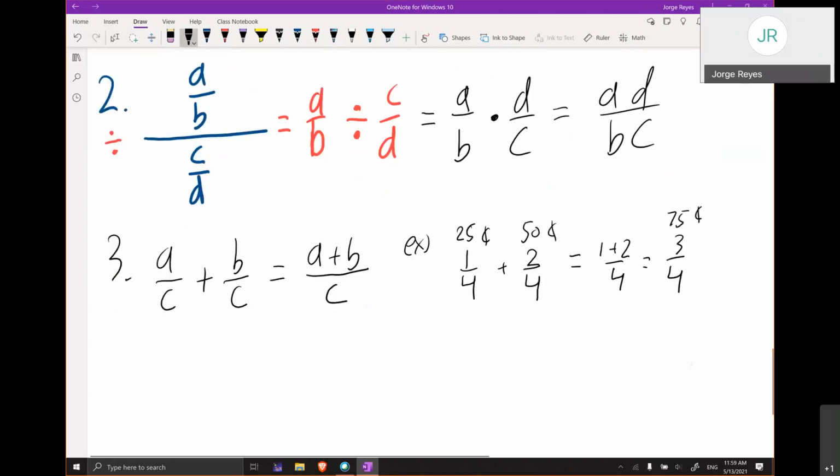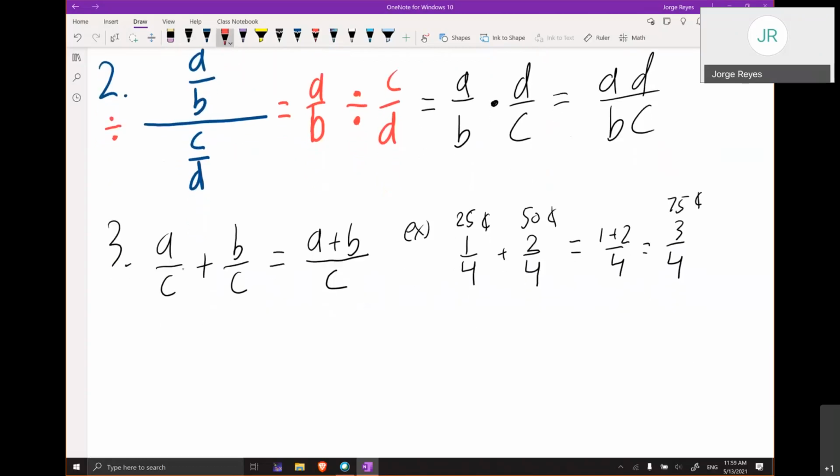It does not work this way, where I add the top and the bottom and get 3/8. We know that's wrong because we know how to do it with money. So this is not true. That's not how you add fractions.